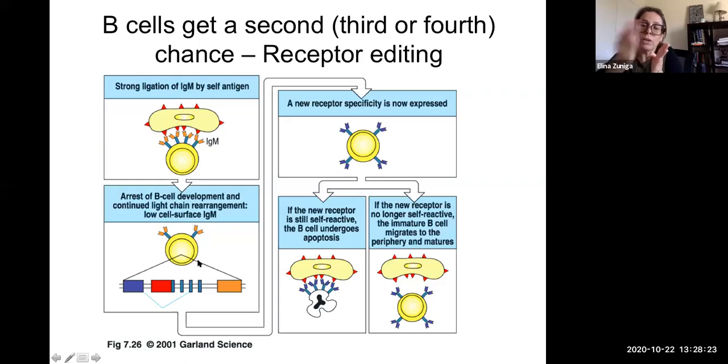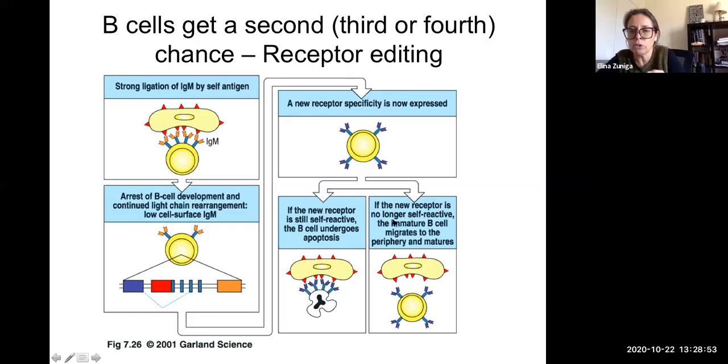But combined with another variable region in the newly rearranged light chain, it may give this B cell another specificity. So a new receptor specificity is now expressed in this immature B cell and will be tested again. If the new receptor is still self-reactive, it can continue rearrangement of another light chain locus, and if it can no longer rearrange, the B cell will undergo apoptosis.